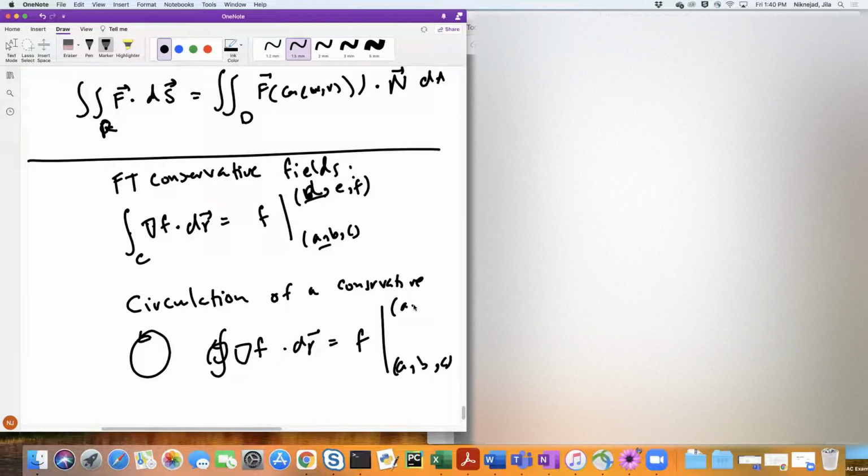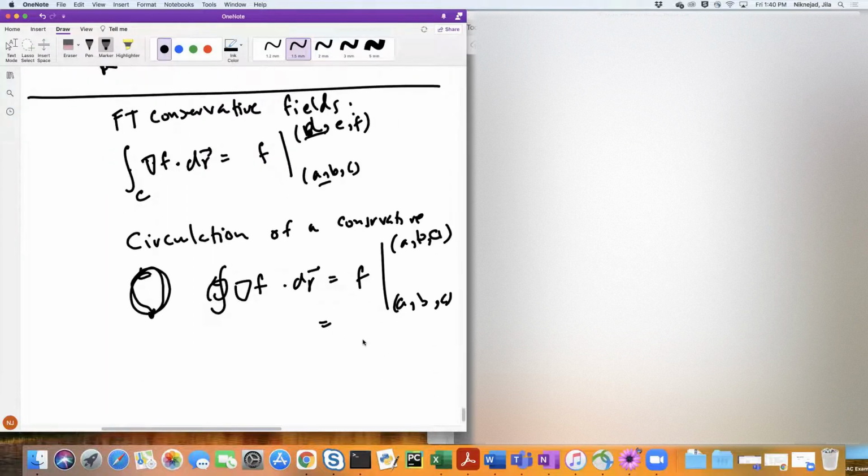Beginning point and end point are going to be the same, right? Circulation means I start from here, I go all the way back there. So what is the value for that? I evaluate f at a point and then subtract from f evaluated at the same point.